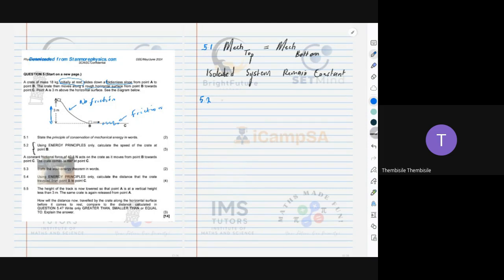Mechanical energy is kinetic energy plus potential energy. I like starting with kinetic energy. For consistency, let me just use UP. So this is going to be, at the top, kinetic energy plus potential energy, equal to kinetic energy plus potential energy at the bottom.